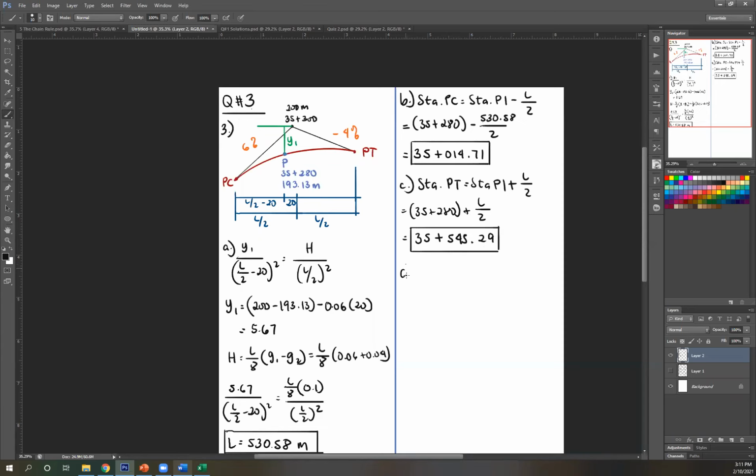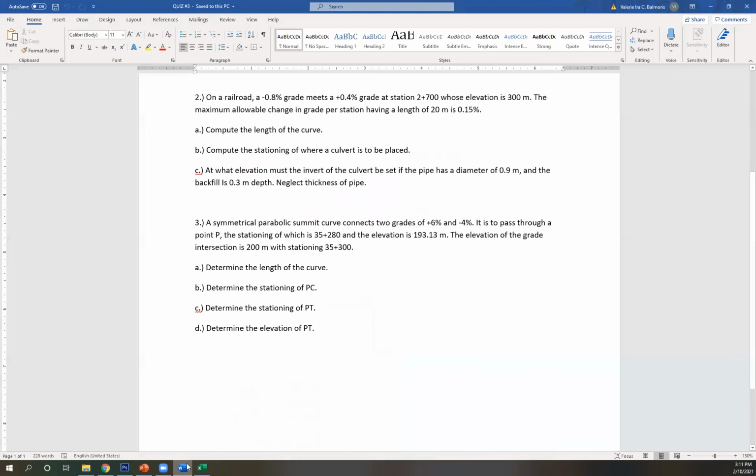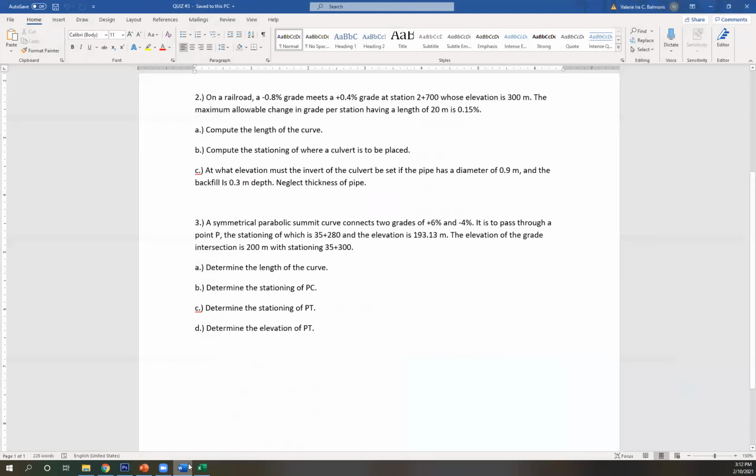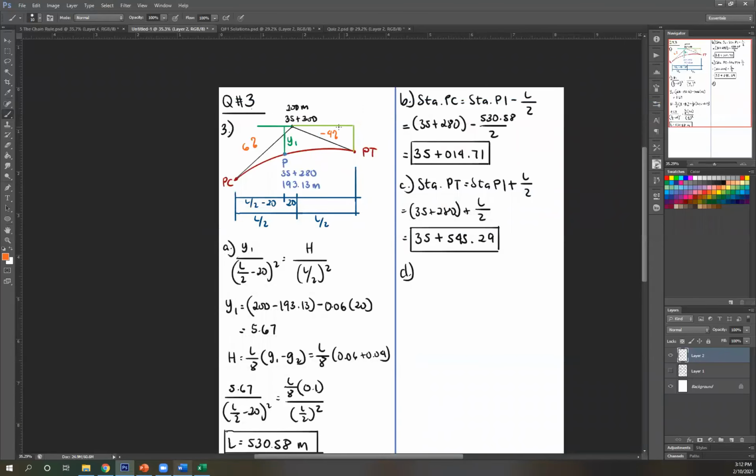And then lastly, letter D, elevation of PP. So to get that, it's just starting from PI again, then minus z. Let's call that z. So the elevation of PT is just elevation PI minus this height, which again is z.